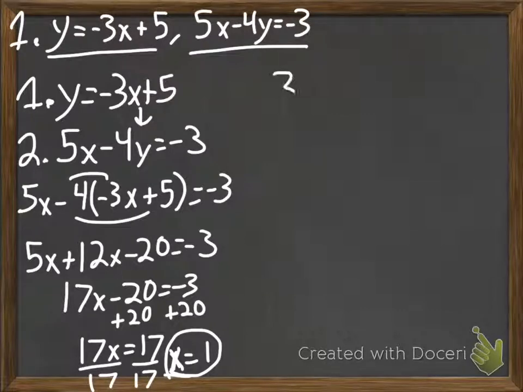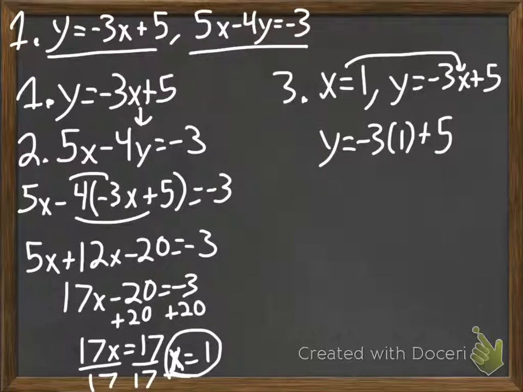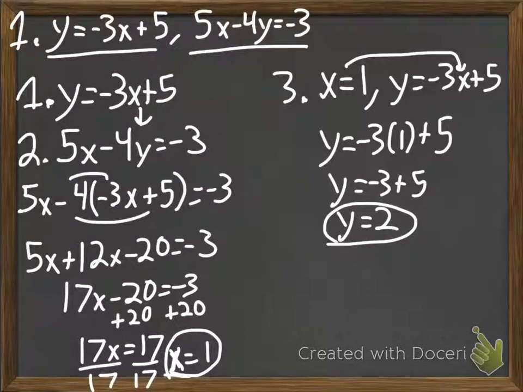This is where step 3 comes in. We know that x equals 1, and we're going to use our step 1 equation, so y equals negative 3x plus 5. I'm going to plug this in for x. So we get y equals negative 3 times 1 plus 5. So y equals negative 3 plus 5. So y equals 2. The last step is to plug in and check.